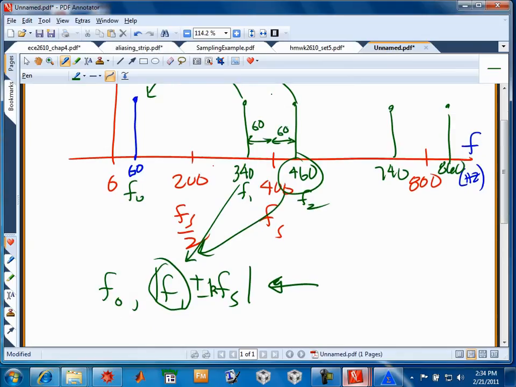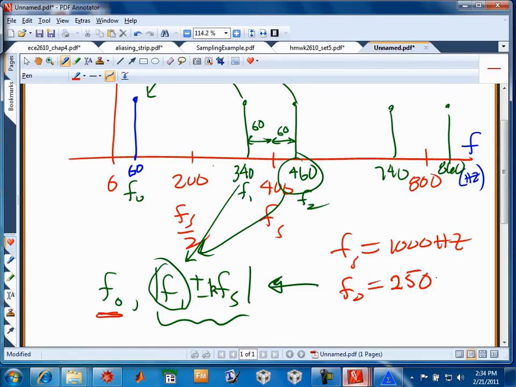And that would be this guy right in here, searching out values of f1 such that at integer multiples of fs, I can hit this same f naught. So suppose I give you fs equal to 1,000 hertz, and an f naught of 250 hertz. The first question I might ask is, is 250 hertz a principal alias relative to 1,000 hertz?